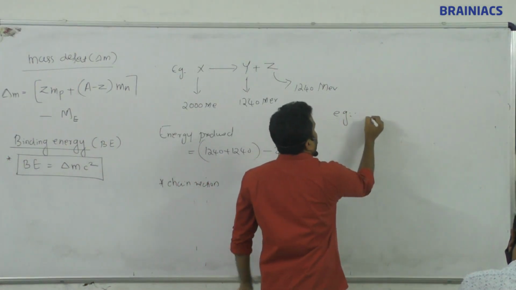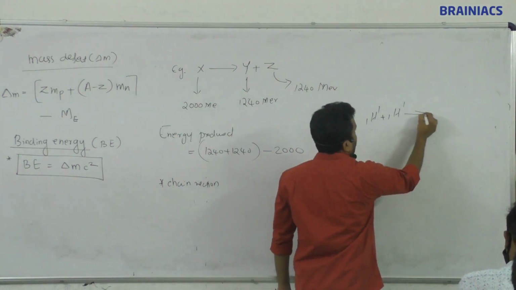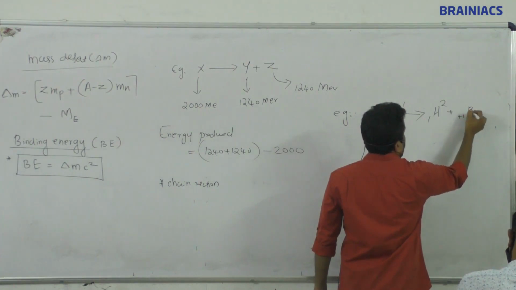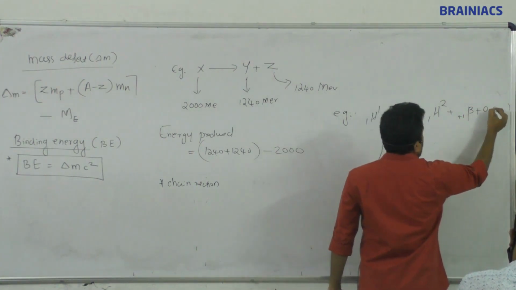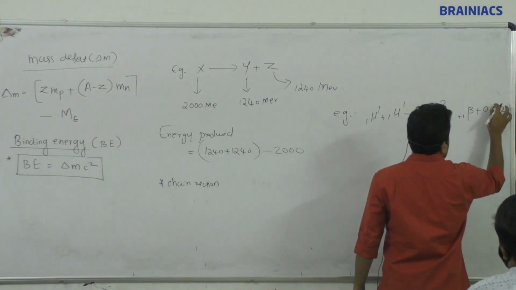Example: 1H1 plus 1H1, two lighter nuclei, form 1H2 plus a beta plus, with some 0.42 mega electron volt of energy.